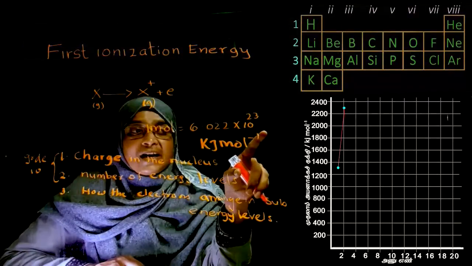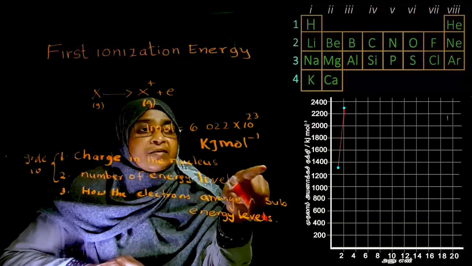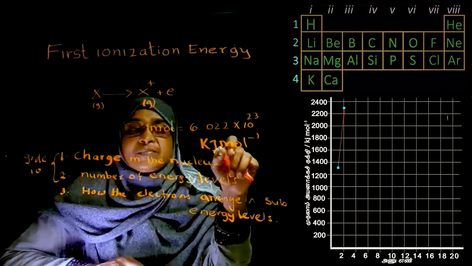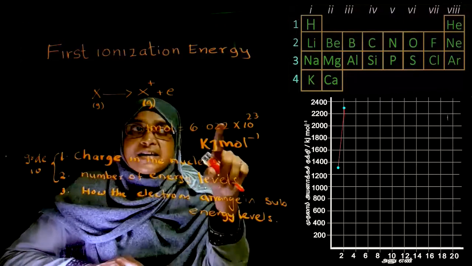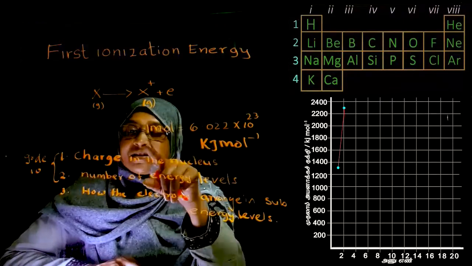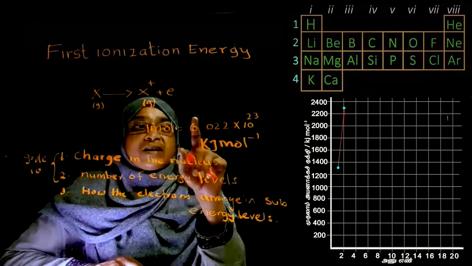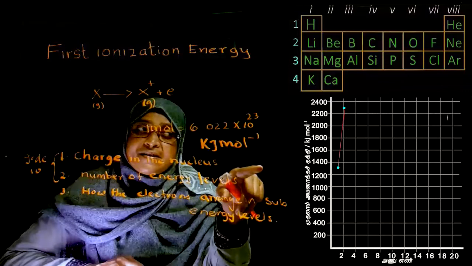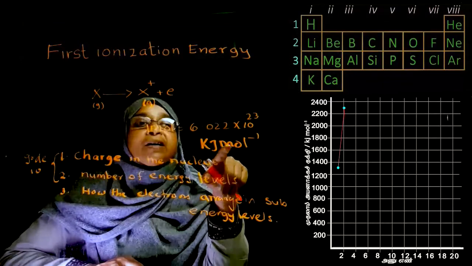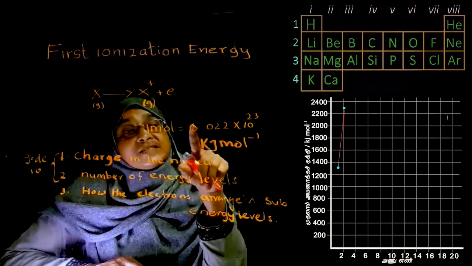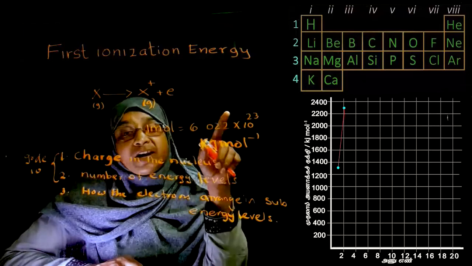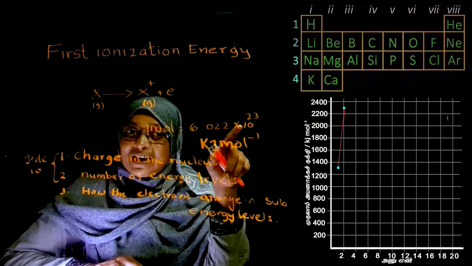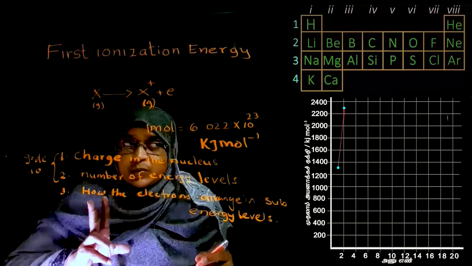We can read the values: the first ionization energy of hydrogen is nearly 1200 kilojoule mole minus 1, while that of helium is 2400.